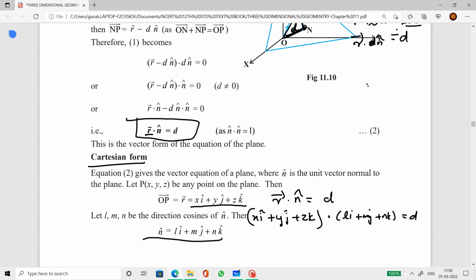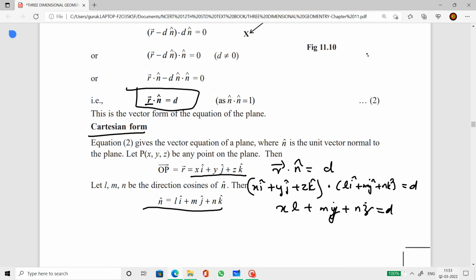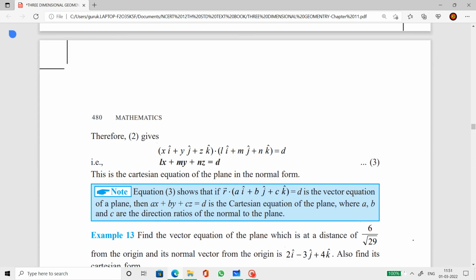So cap on top of everything. When you multiply, it becomes lx, my, and nz equals D. Isn't it? So you get it like this. Instead of keeping it like this, we can keep it like this also.